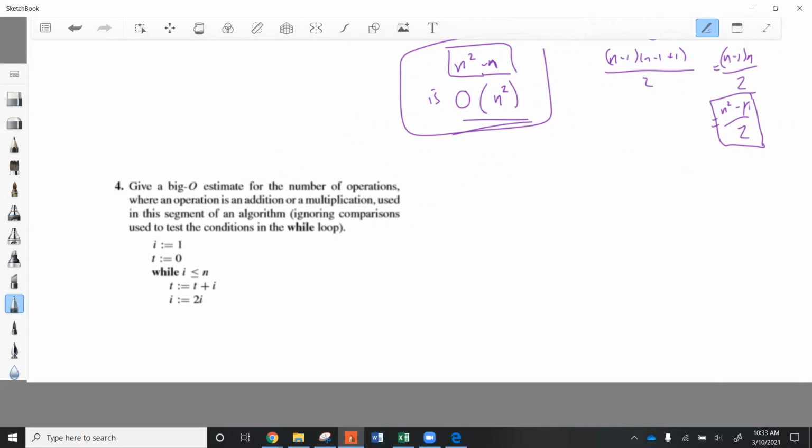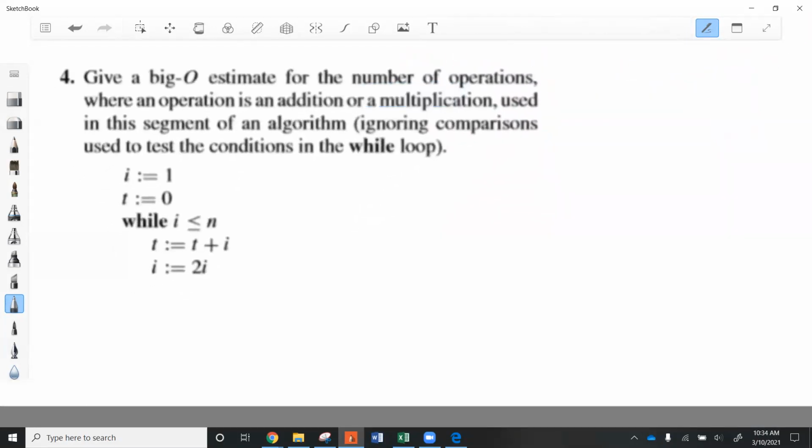So do you want to say why, Abdul? So you have that while loop, so while i is less than or equal to n, t is adding i, so that's plus 1 operation, and then i is equal to 2 times i, so i is doubling: 2, 4, 6, 8, and that's within the while loop.